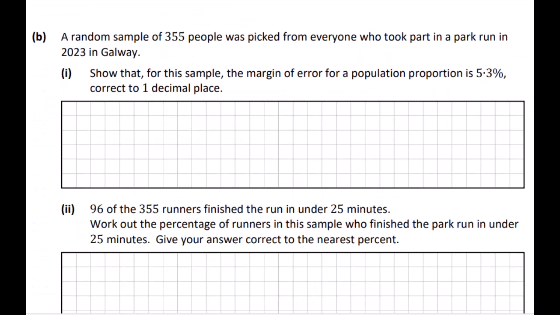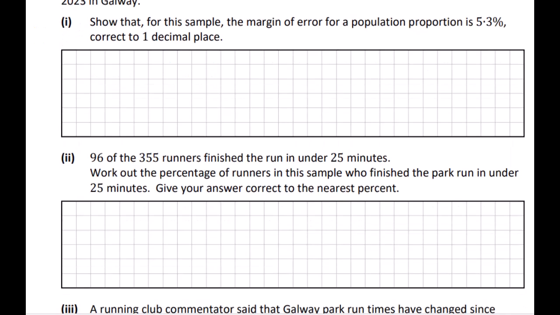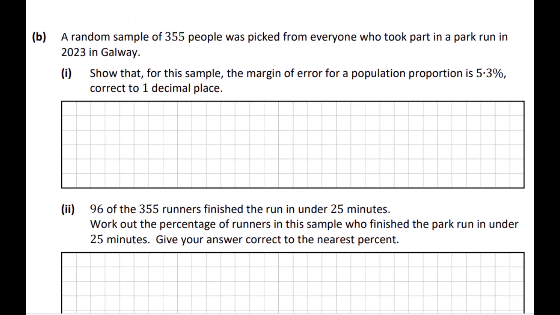Let's see, a random sample of 355 people was picked from everyone who took part in a park run in 2023 in Galway. Show that for this sample the margin of error for the population proportion is 5.3% correct to one decimal place. So the margin of error is given by 1 over the square root of n, where n is the sample size. So in this case it's 1 over the square root of 355.